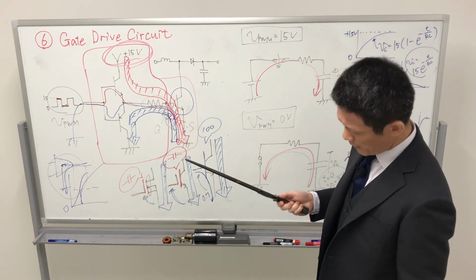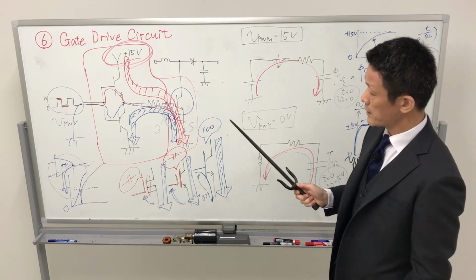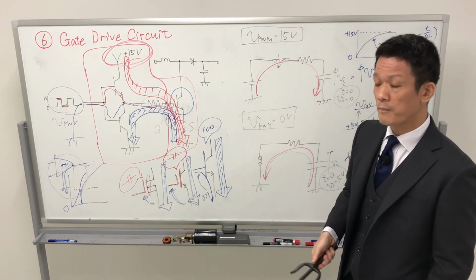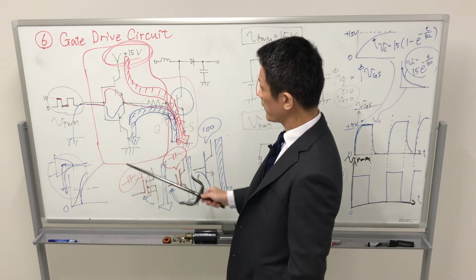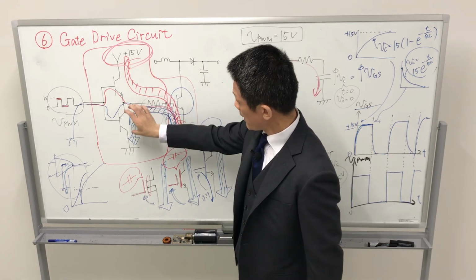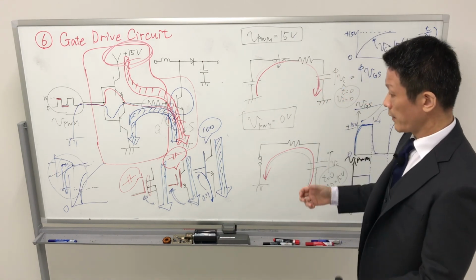In power electronics, many textbooks and many videos' explanations are very complicated because they discuss isolation, PNP side, NPN side, and the opposite side discussion is included.